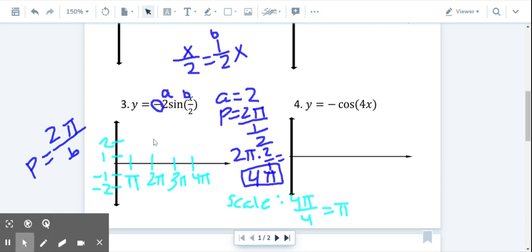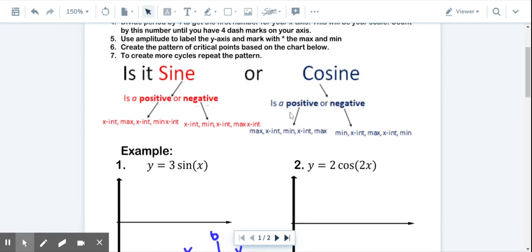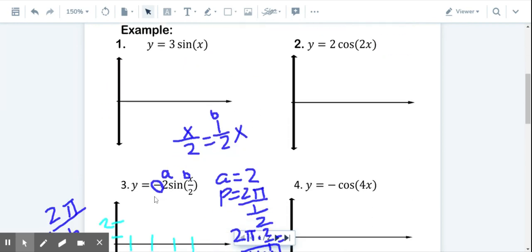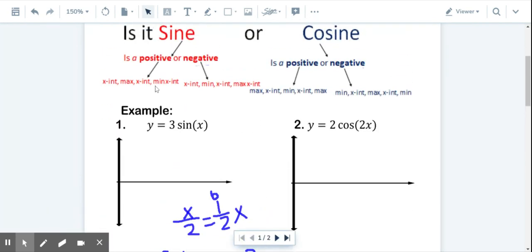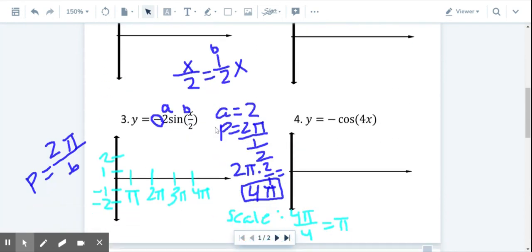Once we have that, create the pattern of vertical points based on the chart below. So our function is a sine function. And now, because we have a reflection, because we have a negative, which means it has a reflection.